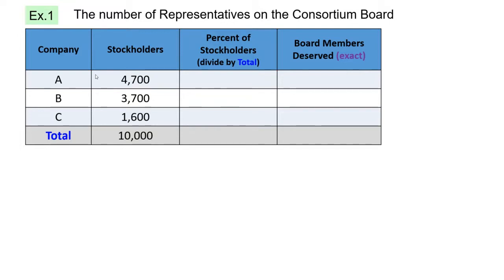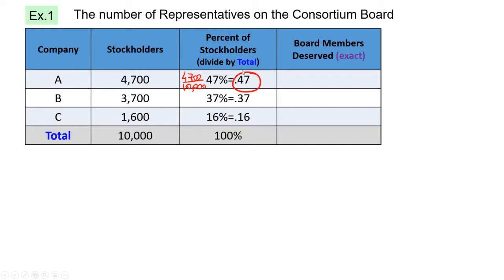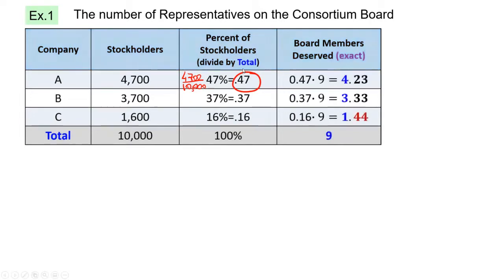First, we determine the percent of stockholders for every department. So we take 4,700 and divide by the total, 10,000. So 47% or 0.47. To determine the exact number of board members, we multiply this percentage by the number of representatives.